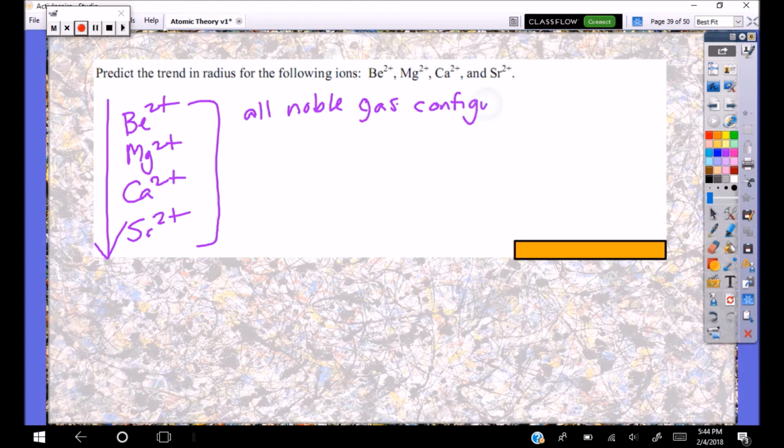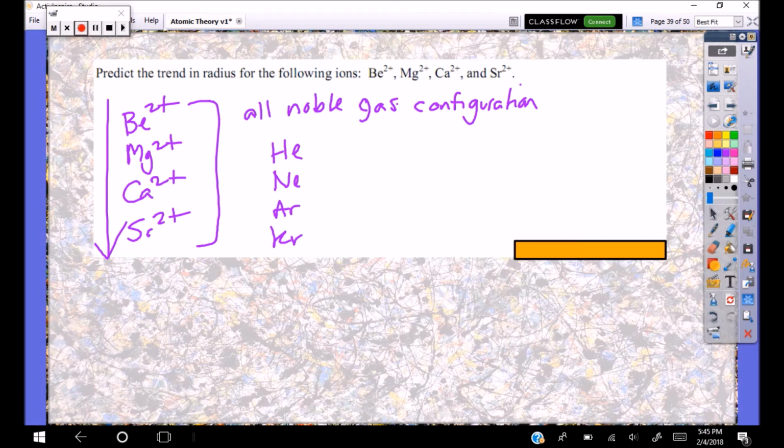All right. So if they're all in the noble gas configuration, then we're really going to be looking at helium, neon, argon, and krypton, I believe.